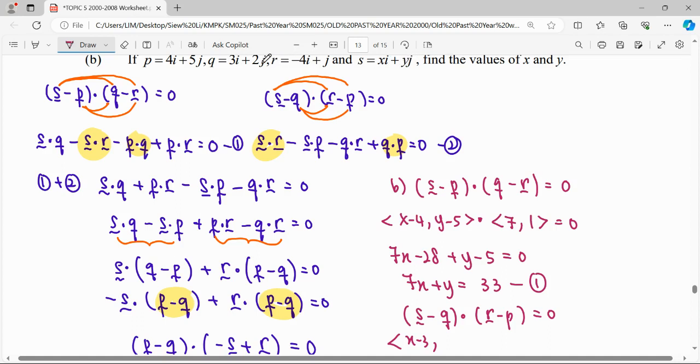Then for y minus 2, dot with the vector R minus P, so negative 8. Then for y, 1 minus 5.